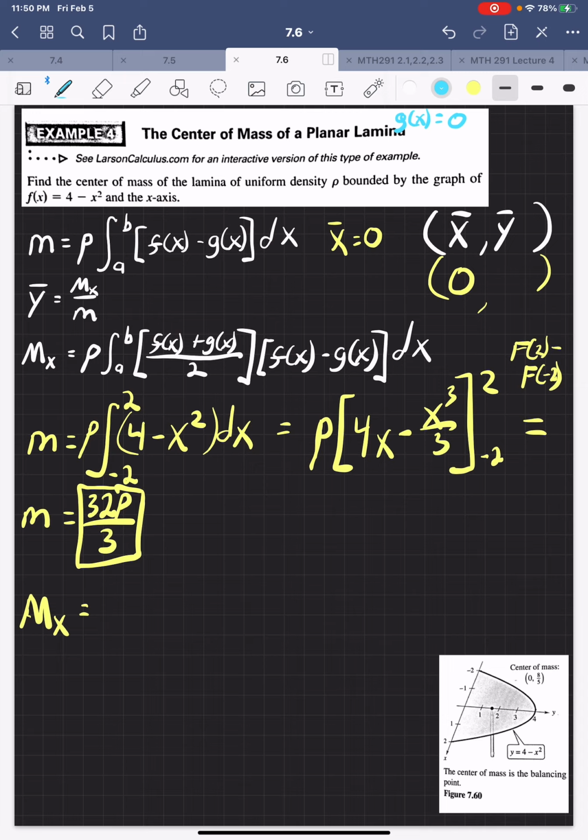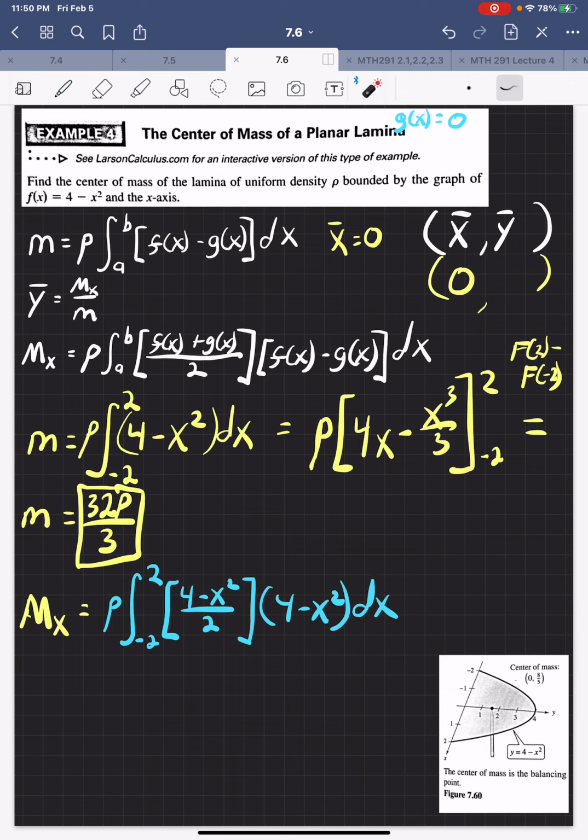Ready? Let me go ahead and set this up. So rho, we're going to be integrating still from -2 to 2. And now it's going to be 4 minus x squared over 2 times 4 minus x squared dx.